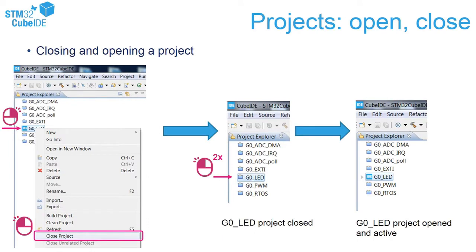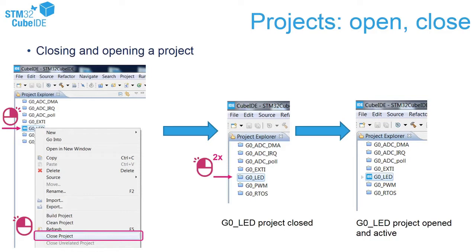Let's start with the basic concept, project opening and project closing. As I told you before, only one project can be active at the moment, but many of the projects can be opened. There is a big risk that if you have opened more than one project and from each project you've got some files opened, it can be difficult to manage.